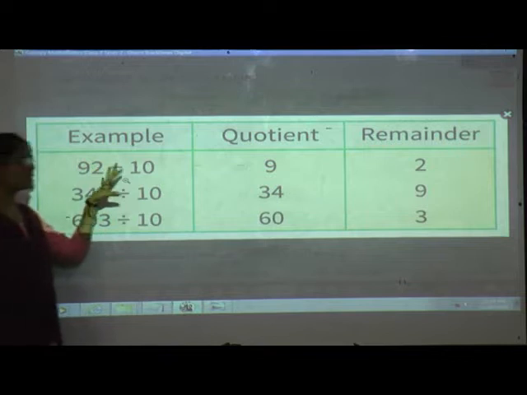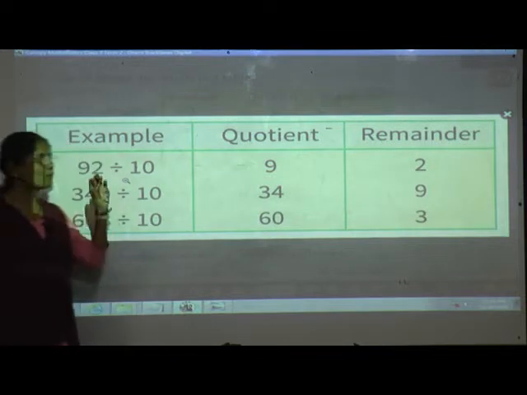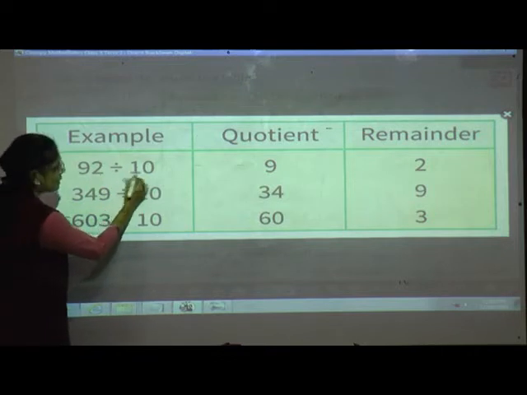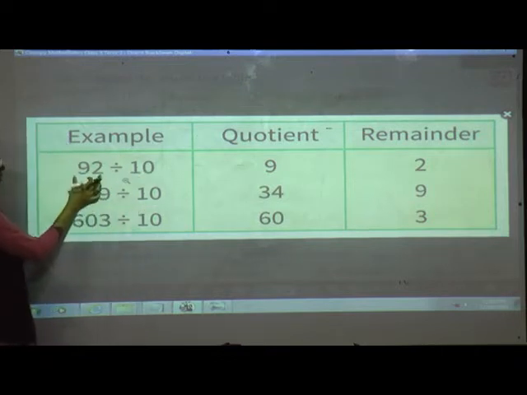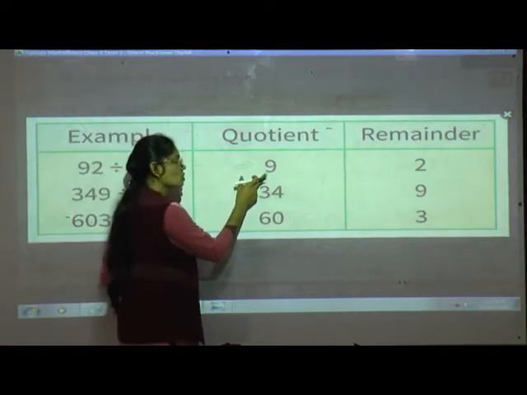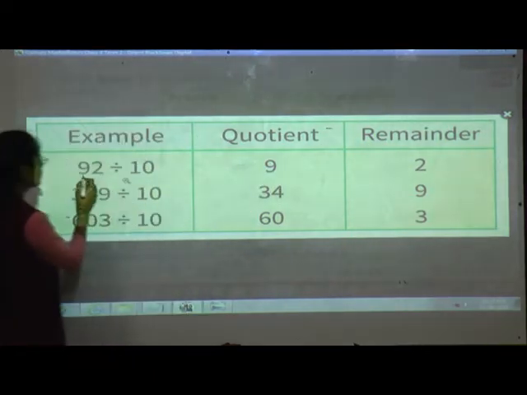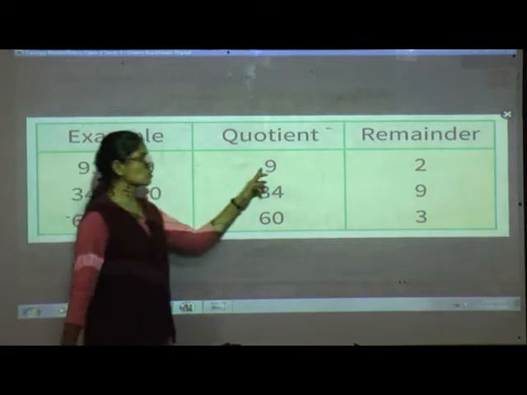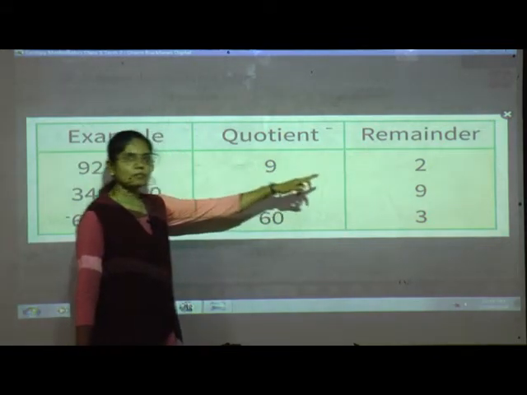You have to see this table very carefully. Focus on the numbers. 92 divided by 10, the quotient is 9 and remainder 2.